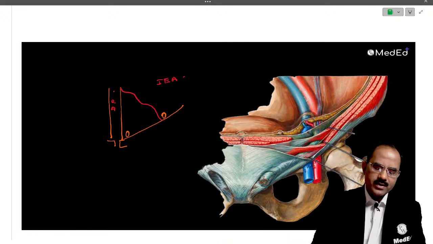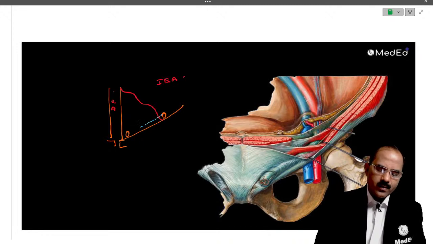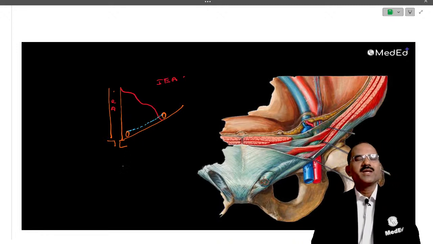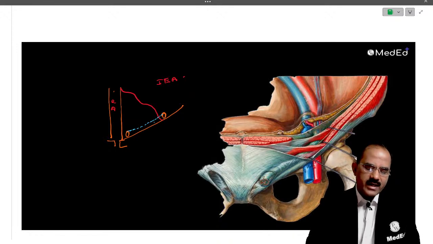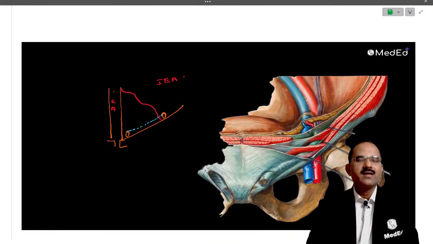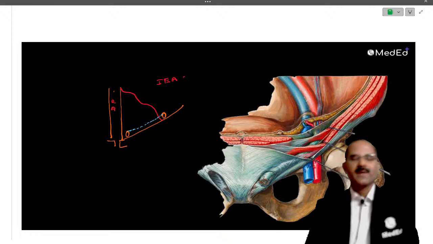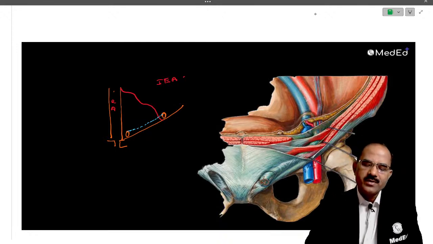Any hernia which is coming from the deep ring, entering the inguinal canal and coming through the superficial ring is an indirect inguinal hernia. And any hernia which gets out through Hesselbach's triangle is a direct inguinal hernia. This you know. Now, I'm interested in something else.